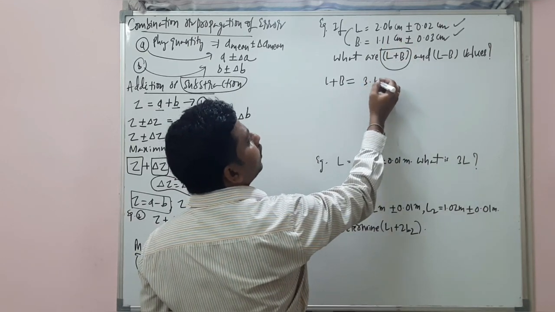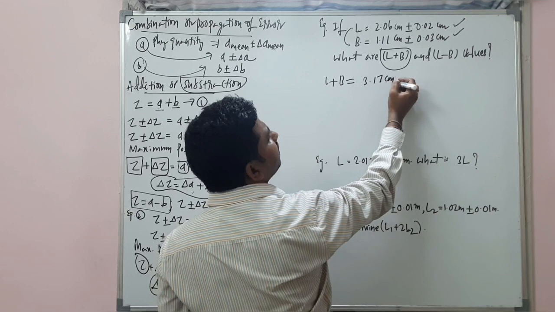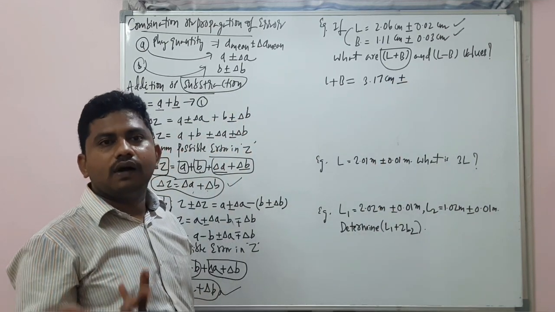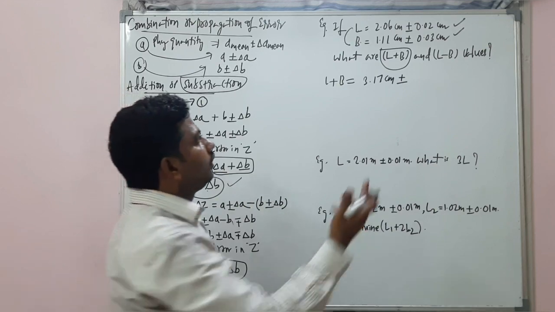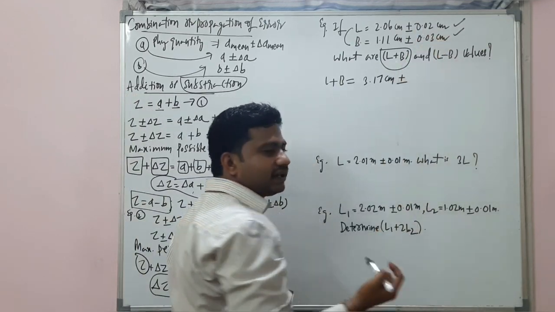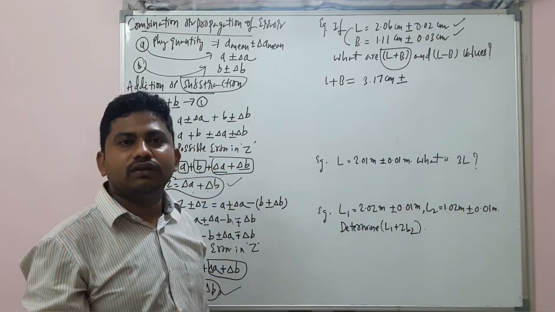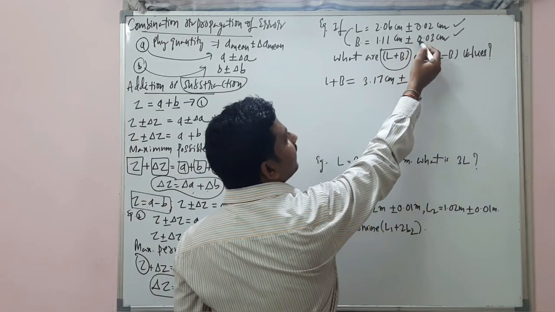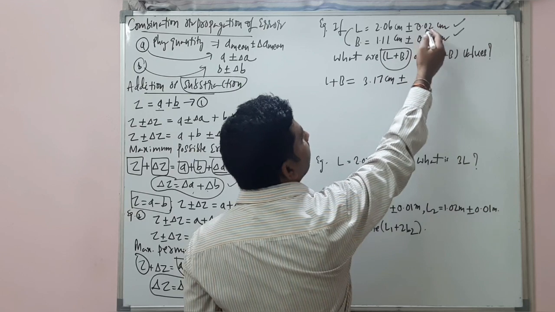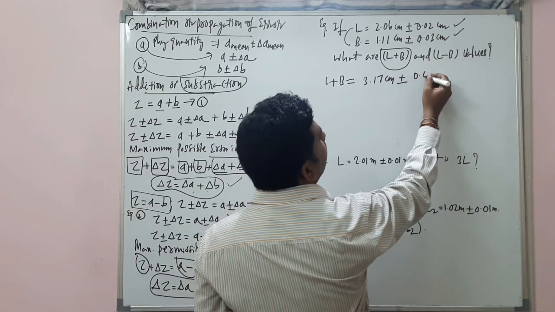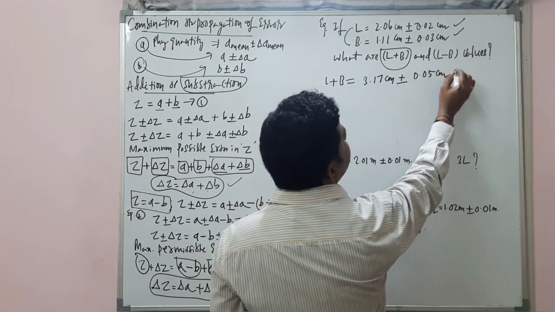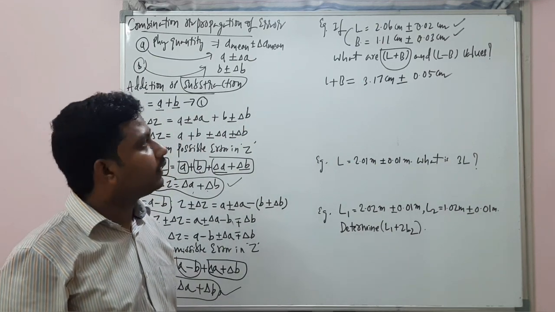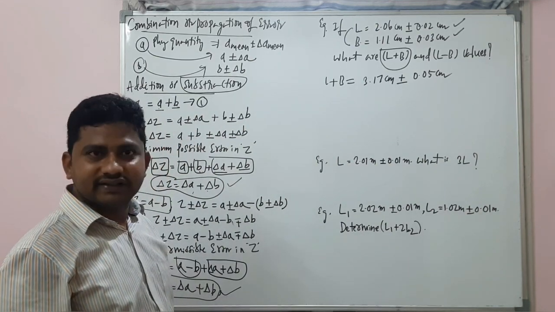So that is 3.17 centimeters plus or minus errors. What about errors? Tell me, when we are adding, their errors also need to be added. So it is 0.05 centimeters. Clear? Sure? Did you understand?